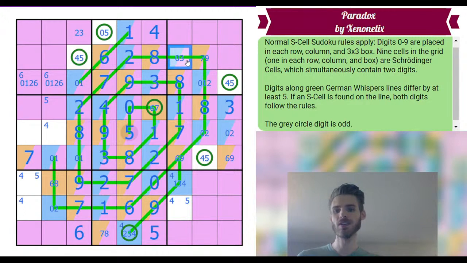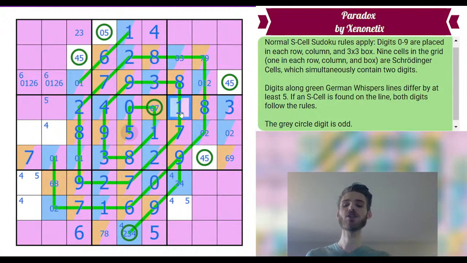This is not a 1. Wait. What am I saying? These two are connected, so this can never be a 6. Oh, it could be a 6 until just recently, because this could have been a 1. Right. Okay. I'm not as dumb as I thought.